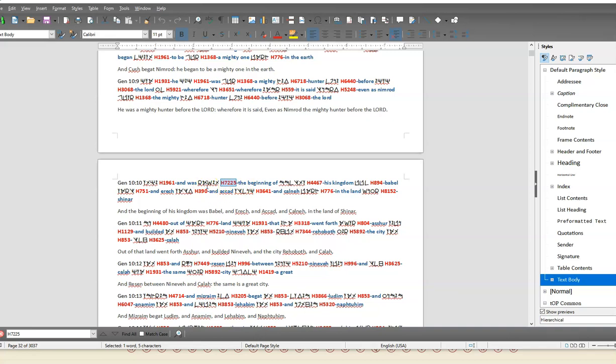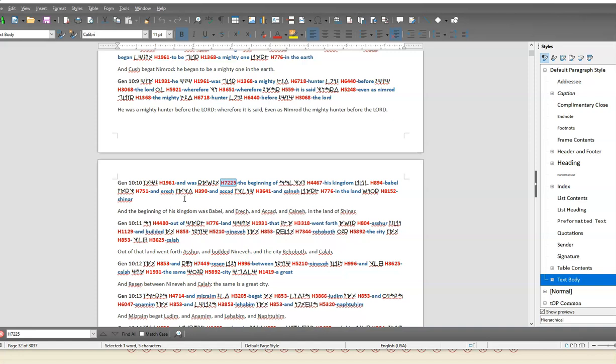So I guess we could say beginning, first fruit, because remember, it's also translated as first fruit. We could say that's his kingdom, and then it's listing these places. It's interesting that 4 places are regarded as the beginning of his kingdom, but I mean, sure, maybe it is.